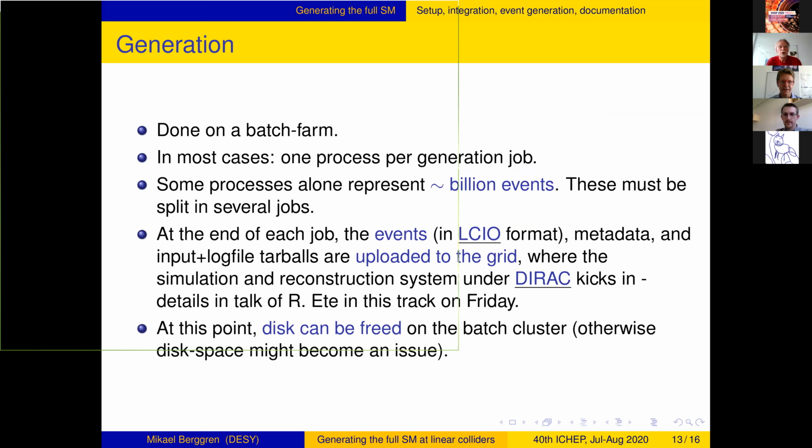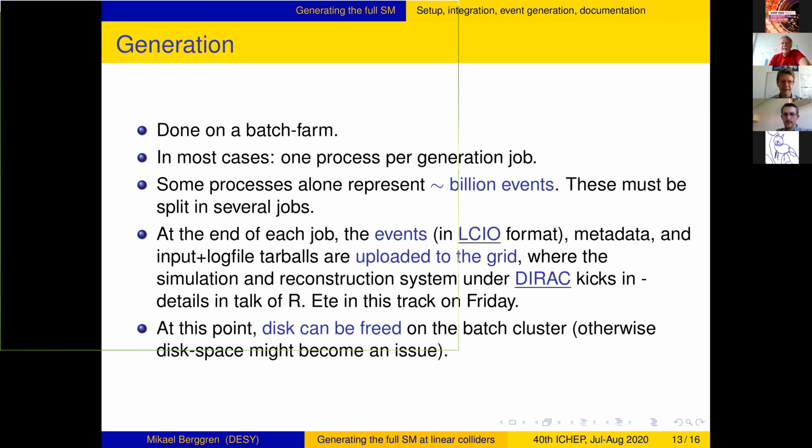At the end of each job, the events in the LCIO format, which is the common event data model for most of the future e+e- machines, not only the linear colliders actually, and various auxiliary files are uploaded to the grid, where the simulation and reconstruction DIRAC system kicks in.